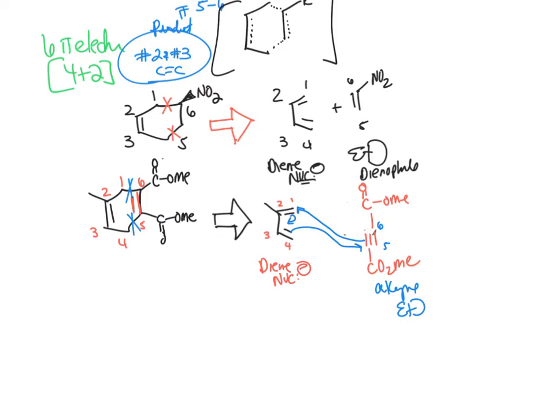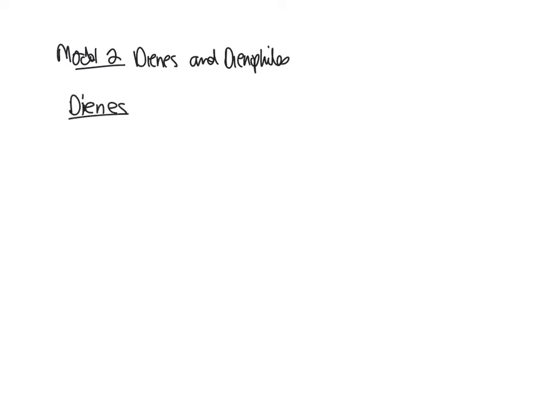Let's do model 2. We're dealing with dienes and dienophiles. So now that you know the Diels-Alder reaction and how to draw the mechanism and numbering and working forward and backwards, there's about 4 concepts, properties that you need to learn about the Diels-Alder.